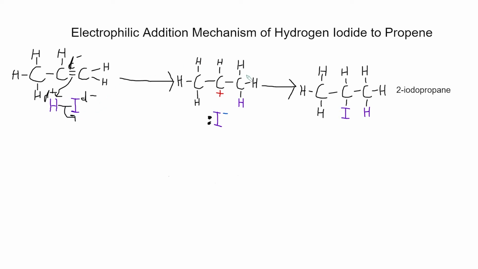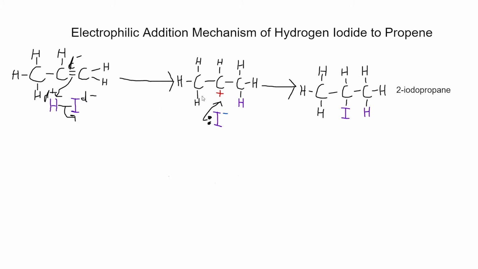Moving on to the next step, we are again left with a negative ion that has a lone pair, as well as a molecule with a positively charged carbon atom. They, of course, bond together, giving us the final product of 2-iodopropane. However, this is not the only product that this mechanism could give us.